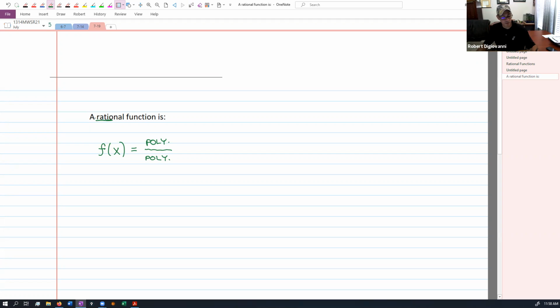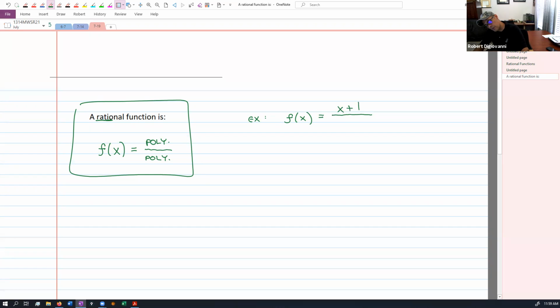And that's what it is, okay? I'll give you some examples of rational functions. F of x equals x plus 1 over x squared minus 4. That is an example of a rational function. I'll give you another example. X squared minus 4 over x plus 1.